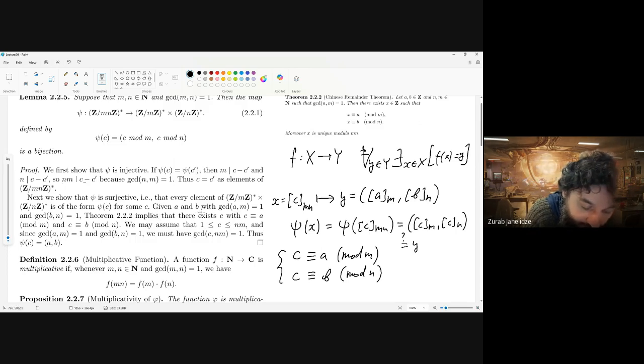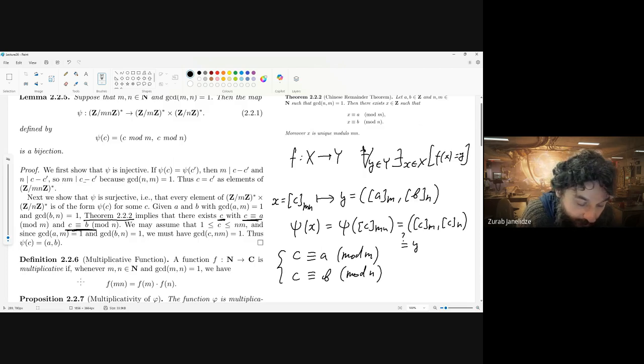Given A and B with GCD of A, M equals 1 and GCD of B, N equals 1, even though we don't need that part, theorem 2.2.2 implies that there exists C such that that holds and that holds, and then we're done, because that's what we were looking for, right? We were looking for a suitable C.